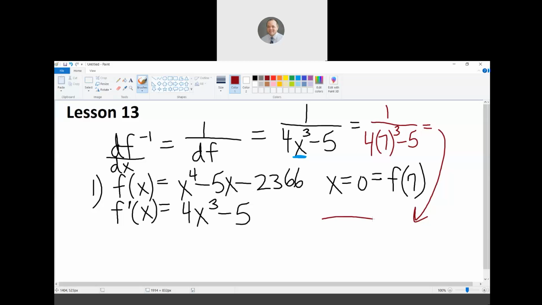And following order of operations, when we do 7 cubed, that gives us 343 times 4, and then minus 5. So just like that, our final answer is 1 over 1,367. That's how you find the value of inverse's derivative.